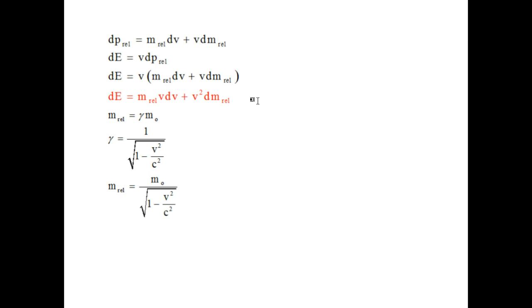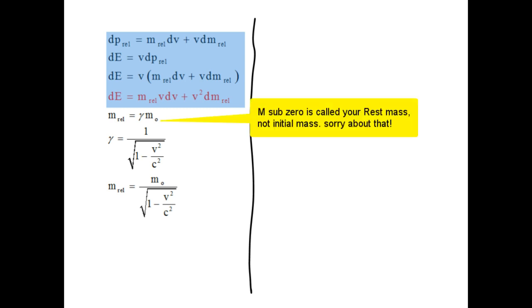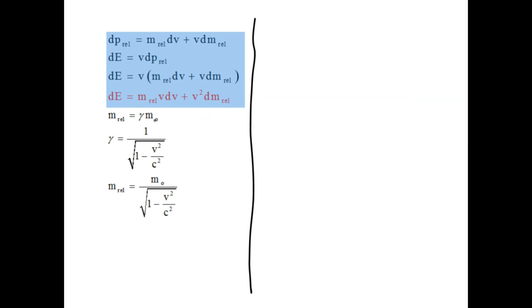Okay, so I corrected that now. Let me get my pen back. And so, I draw a line down here, and I got that big pen. I'll get rid of that again. So now the relative mass is equal to gamma times M naught.